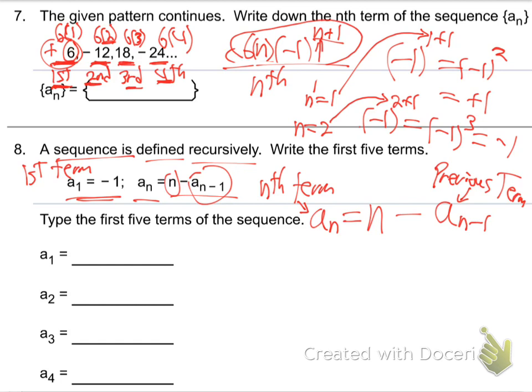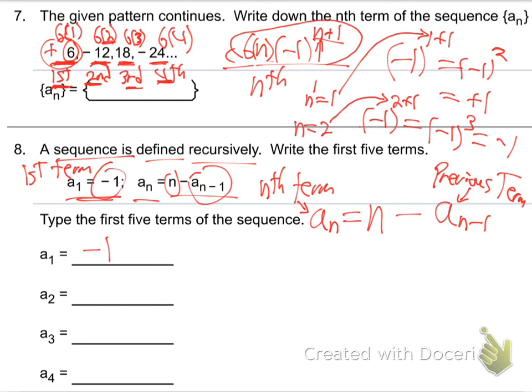So what they're saying is any term is n minus the previous term. That's what the formula is saying. That's why it's recursive, because it refers back to the previous term. N minus 1 is the previous, 1 back. So they want me to find A1, A2, A3, A4. Let's give it a try. A1, they're just handing me that, it's negative 1.